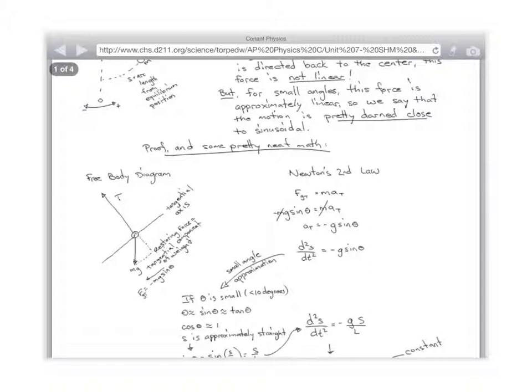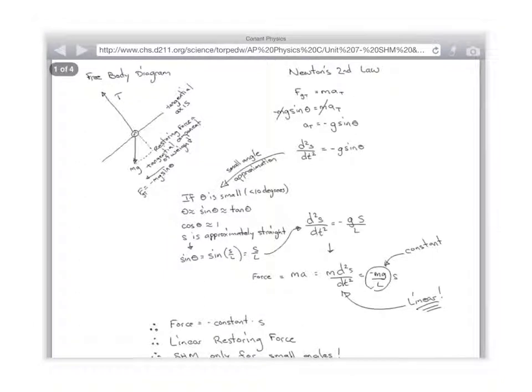Okay, it turns out if you have an equation of this form, the general solution is: angle as a function of time equals some constant times cosine or sine, depending on how you're feeling that day, omega t plus some other constant depending on your initial conditions.